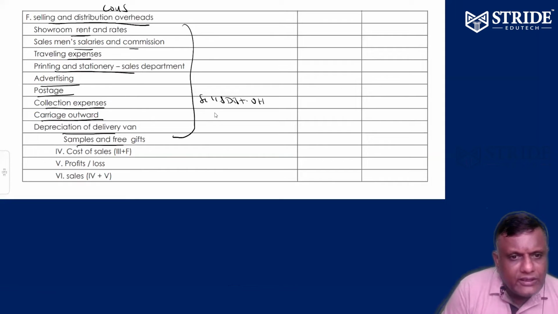So cost of goods sold plus selling and distribution overheads is cost of sales. Cost of sales plus profit is sales. Cost of sales minus loss is sales. This is the cost sheet.